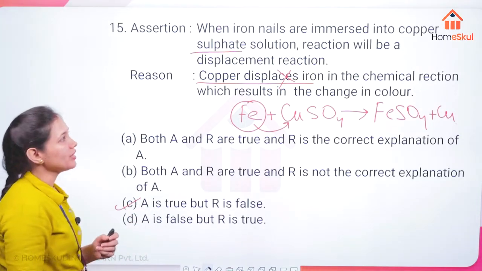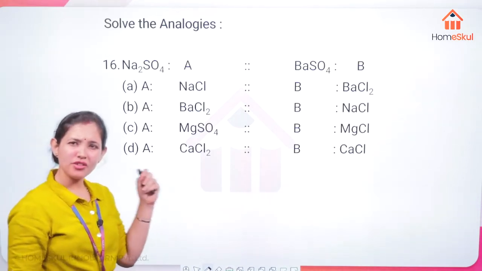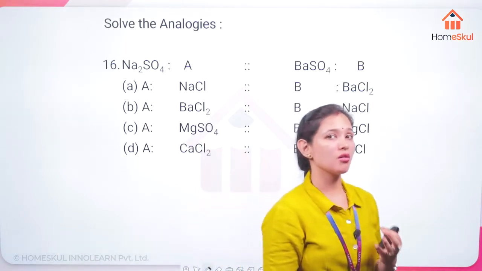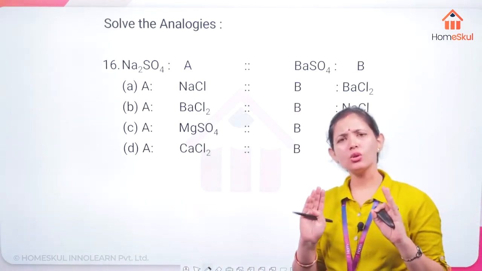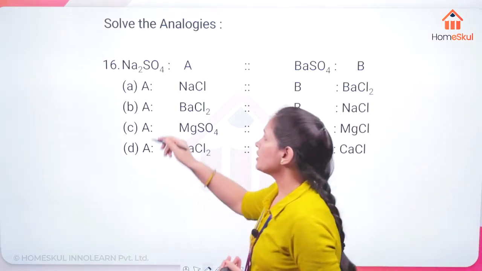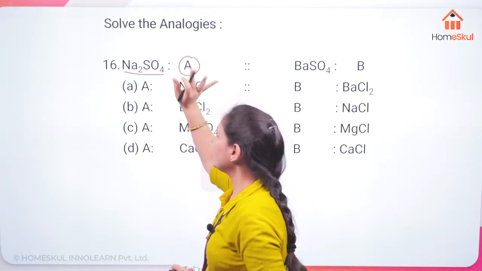Now, analogies. This is also one form of questions which are required, and you know how to solve them. Just look at them and try to understand. Here you can see that Na2SO4 is given and there is something A here.